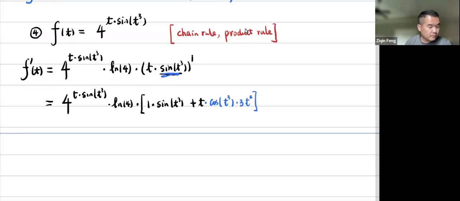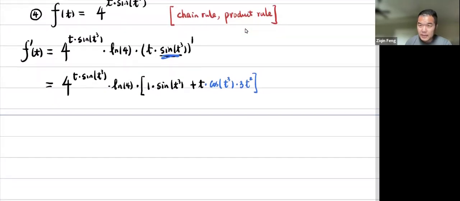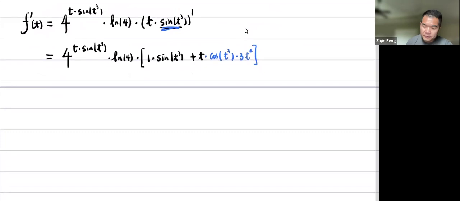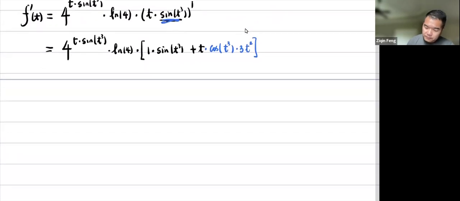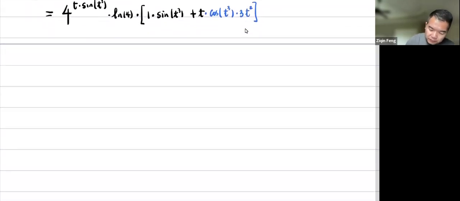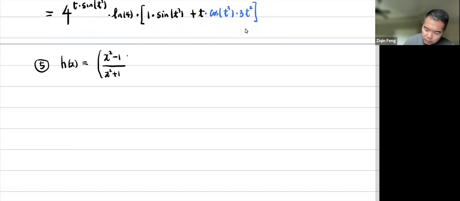Okay. Let's see our example number 5. The function is given by h of x equals x squared minus 1 over x squared plus 1, to the power 6.